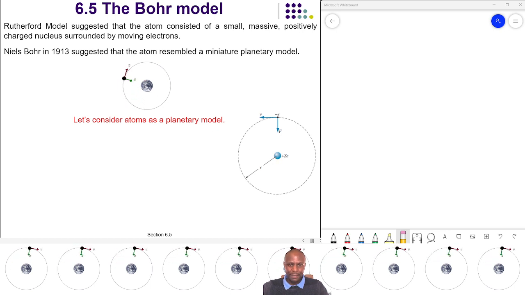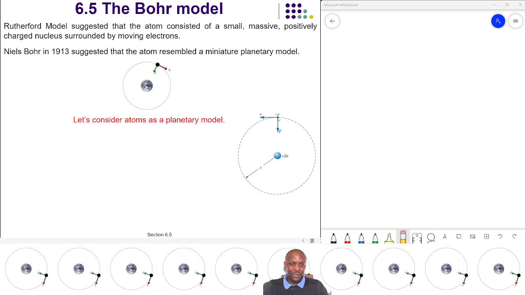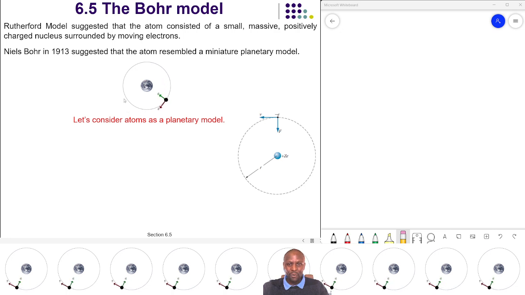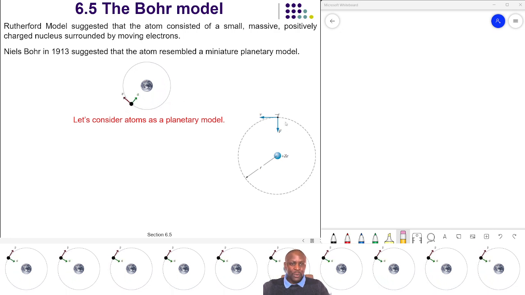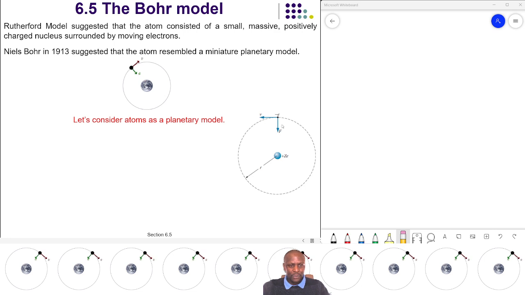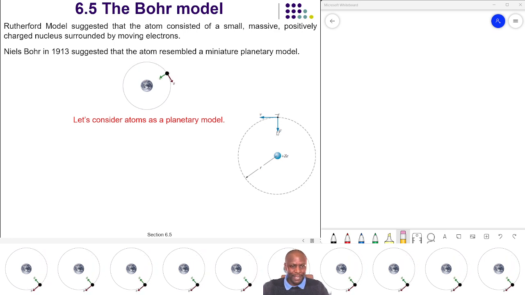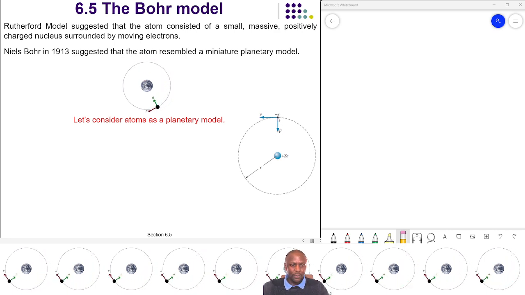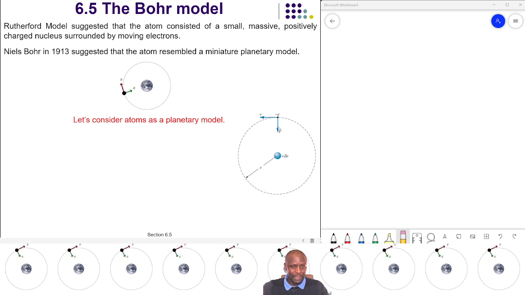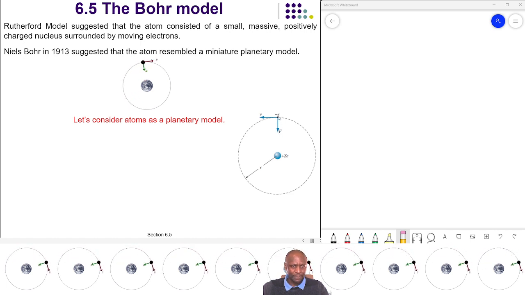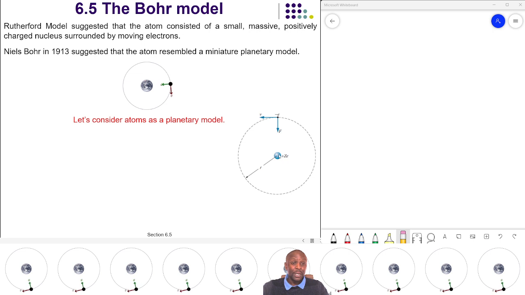is the same as the sun, and the electron is the same as the planets which are orbiting around the sun. So in the case of an atom, I want you to see that there will be an attractive force, the Coulomb's attractive force, because of the negative electron and the positive nucleus.